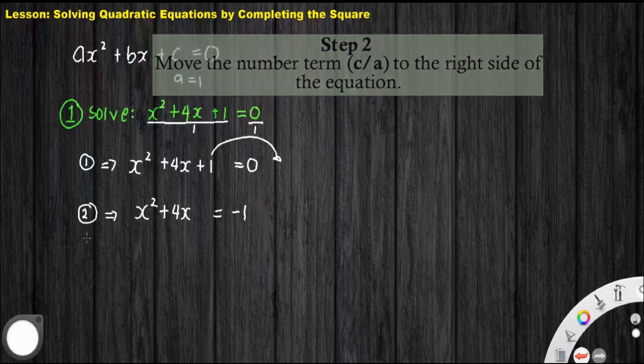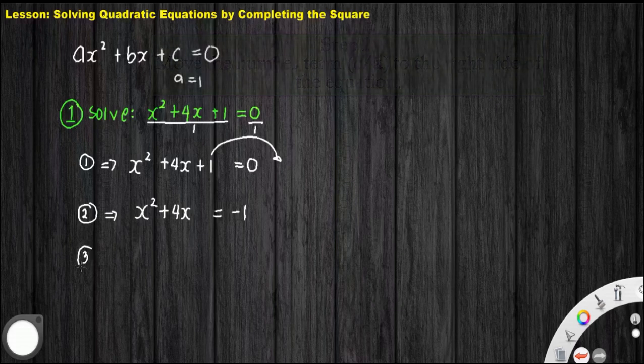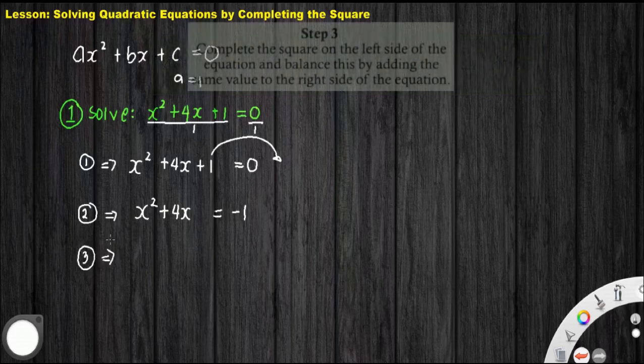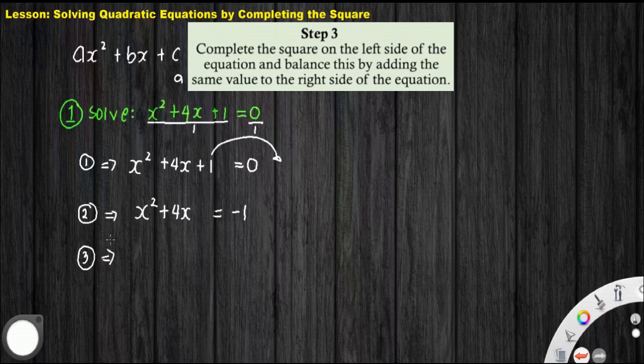So please take note. For the third step, ang kailangan natin gawin is to complete the square on the left side of the equation. Then mamaya, we will balance the equation sa right side by adding the same value to both sides. Okay?